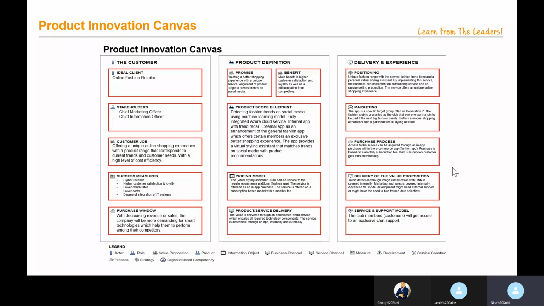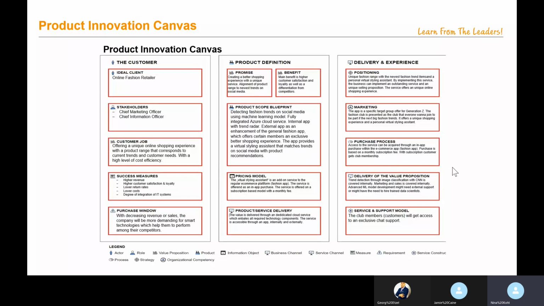Marketing and sales is covered internally by you. The advanced machine learning model development might need some external support, or might require hiring trained data scientists. And for service and support, the club members will get access to an exclusive chat support. So this is it so far.